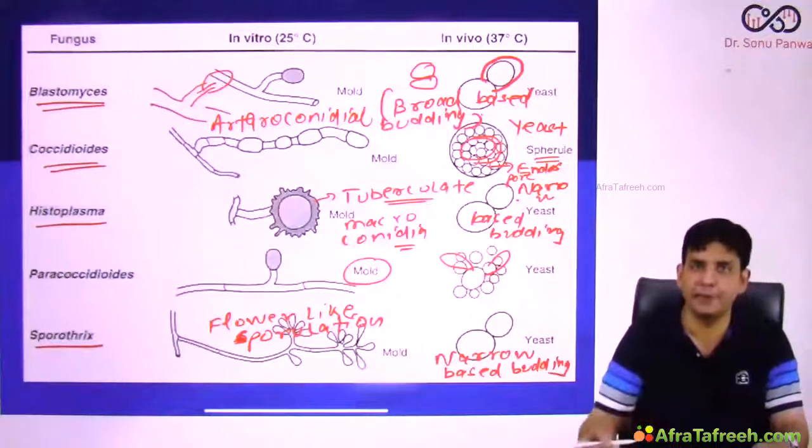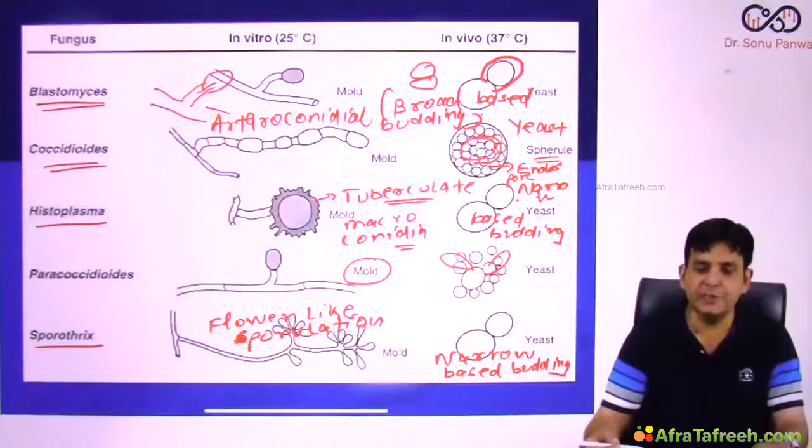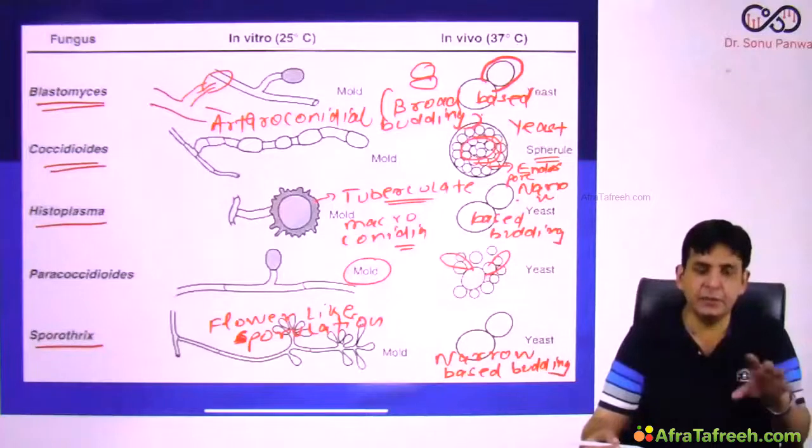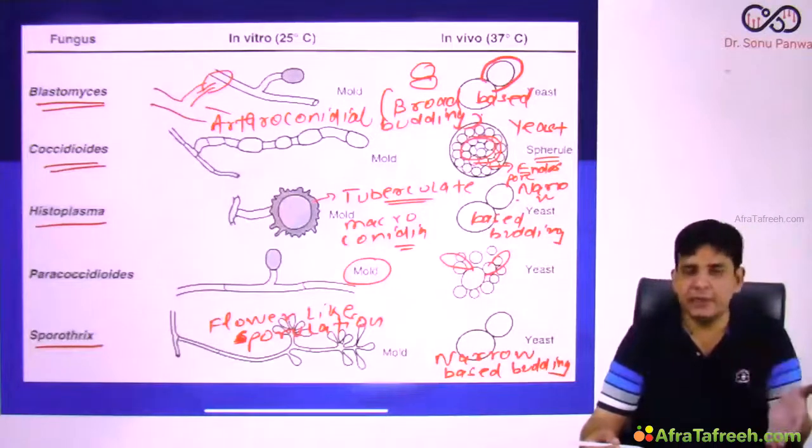Remember this is termed broad based budding yeast cells, or figure of 8. And Blastomyces leads to North American disease or Chicago disease. So I hope I made myself clear in the various dimorphic ones, that is Sporothrix, Paracoccidioides, Histoplasma, Coccidioides and Blastomyces.